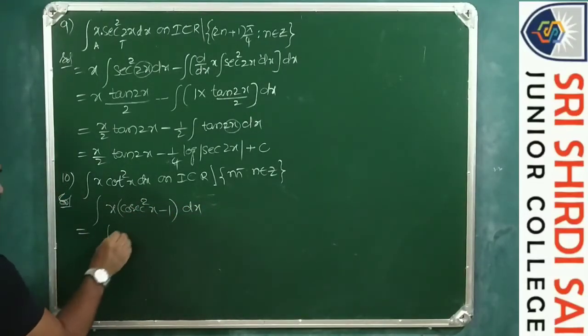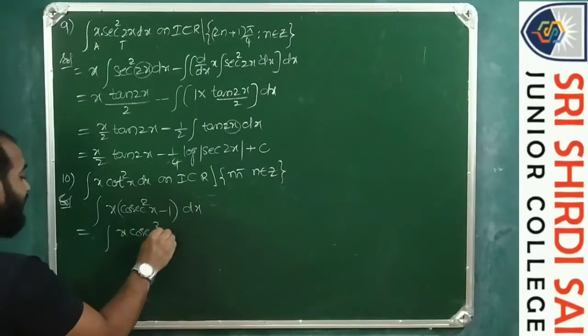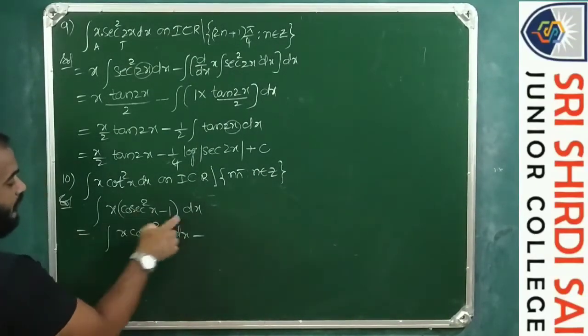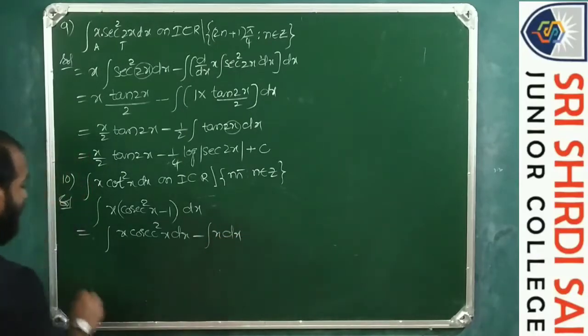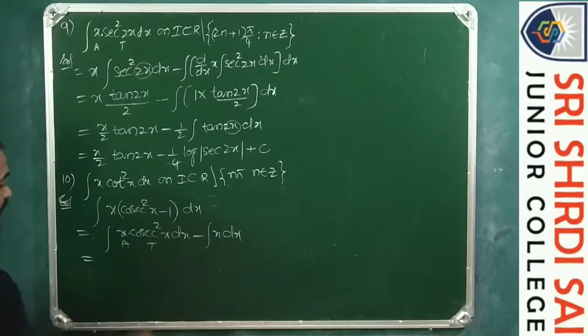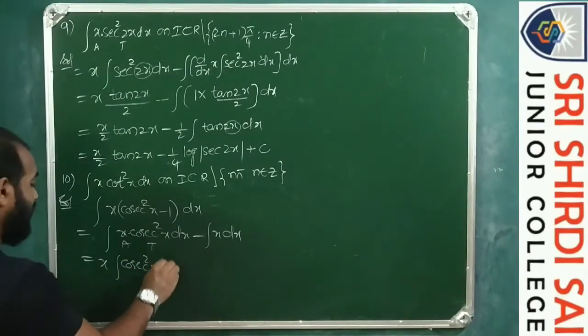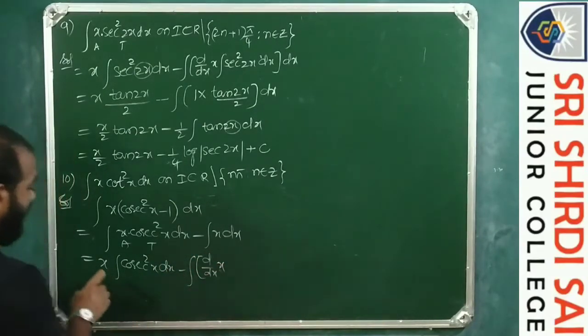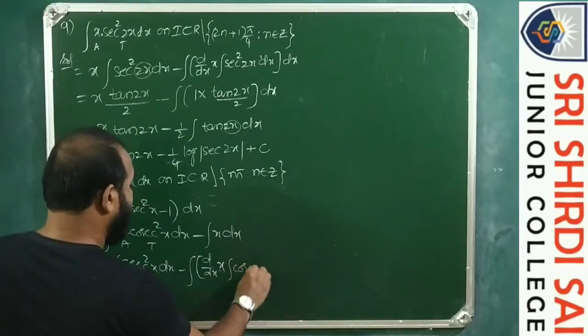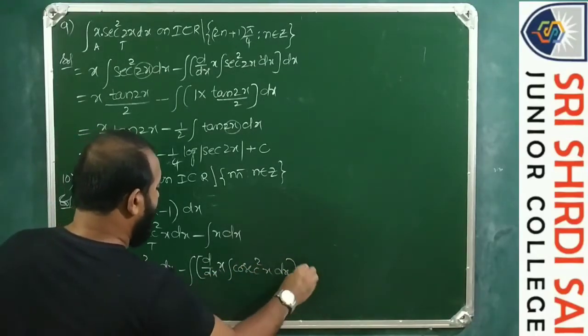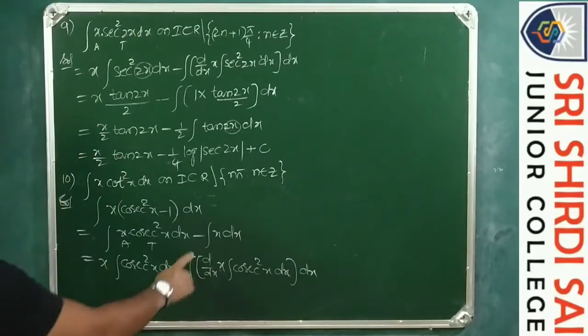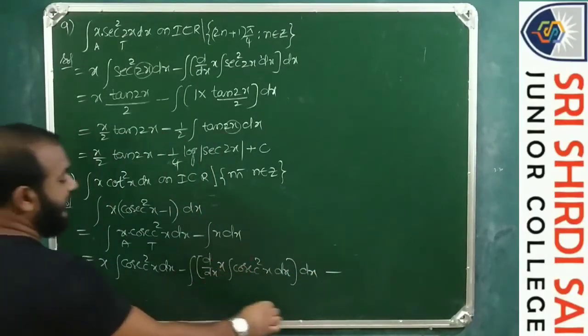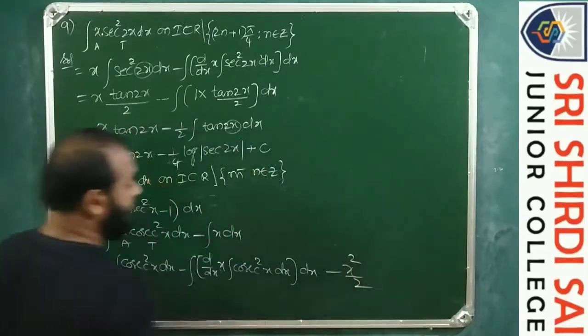This is equals to x cosecant square x dx minus x into 1 is x dx. So here product of two functions. This is algebraic function, this is trigonometric function. So first function into integral of second function dx minus integral of d by dx of first function into integral second function dx whole dx minus integral x dx is x square by 2.